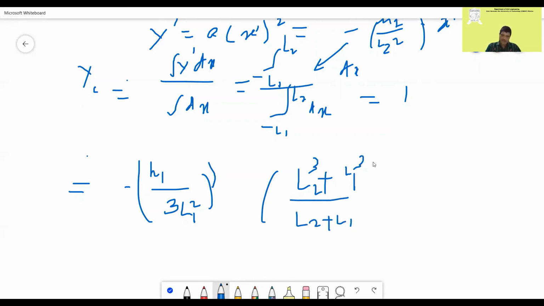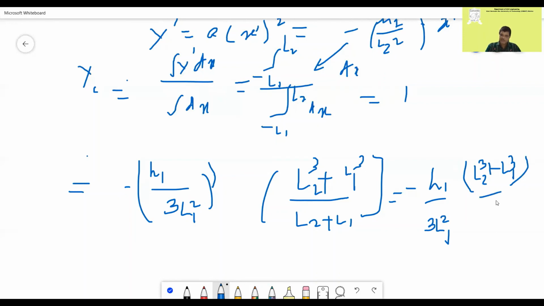By solving this, you will find it comes out to minus H1 by 3L1 square into L2 cube plus L1 cube divided by L. What does this mean? That the YC is below the crown at this much distance. And XC can be obtained as L2 minus L1 by 2, depending on right and left. So the centers can be obtained like this. This is the elastic center obtained by this methodology.